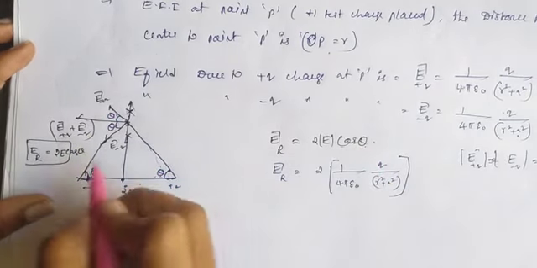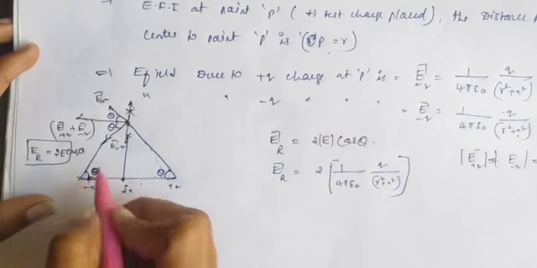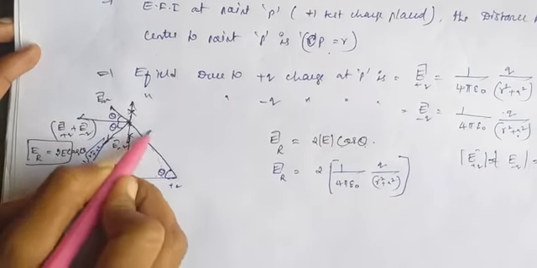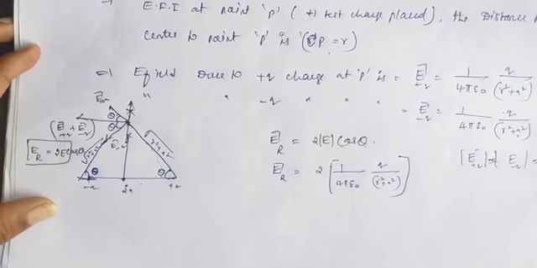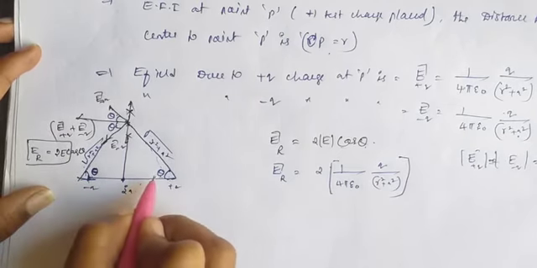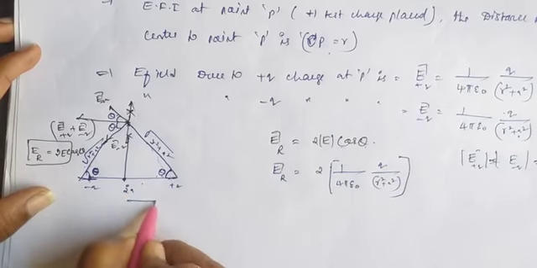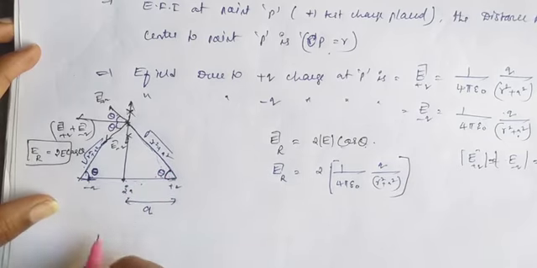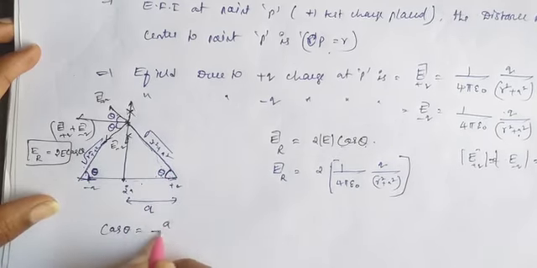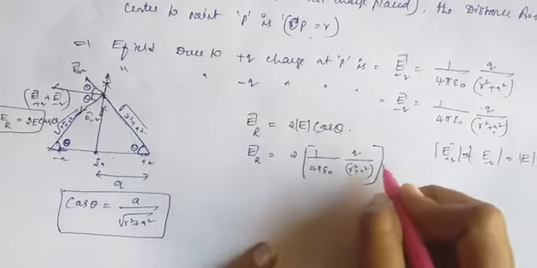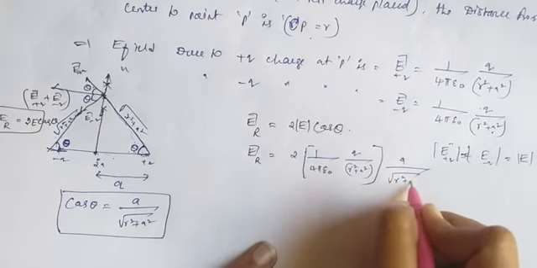This side is r square plus a square, and this is also r square plus a square. The distance from here to here is a. So this is the hypotenuse and this is the adjacent. So cos theta is adjacent by hypotenuse, that is a by under root r square plus a square.